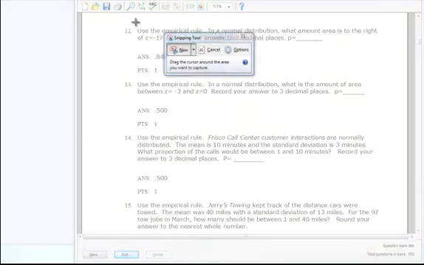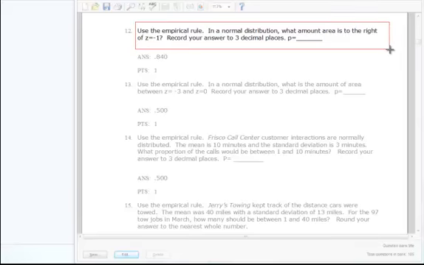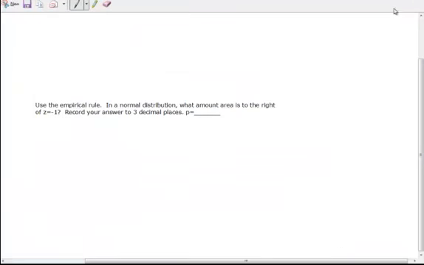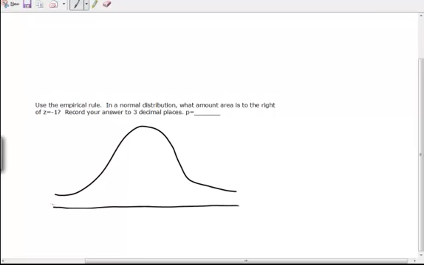So what we want to do is to first of all draw our normal curve. And z equals 0 is always in the middle. And we want from -1 to the right.